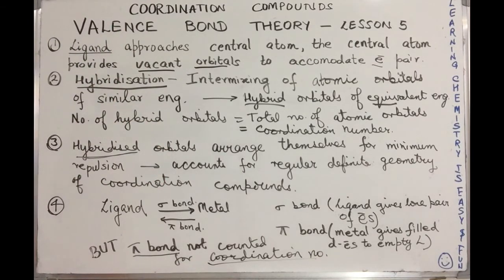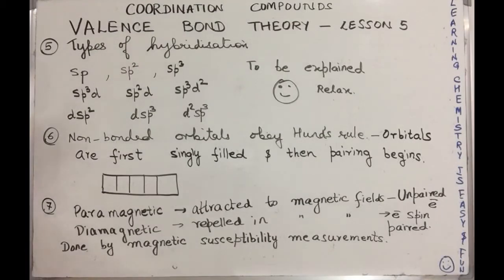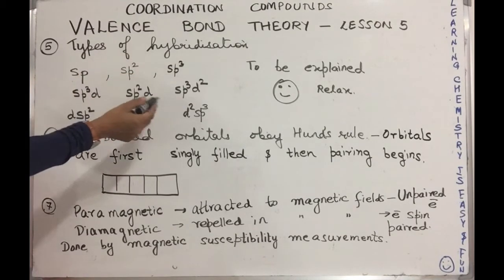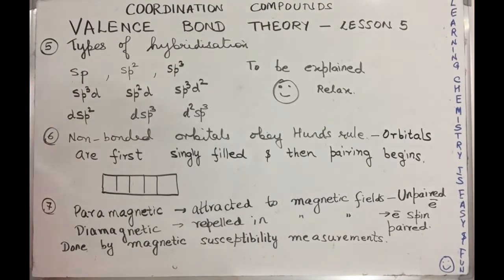Point number 5. What are the various types of hybridization that could be undergone by the central atom in order to accommodate the ligand? It could be anything: sp, sp2, sp3, sp3d, sp2d, sp3d2 and so on and so forth.